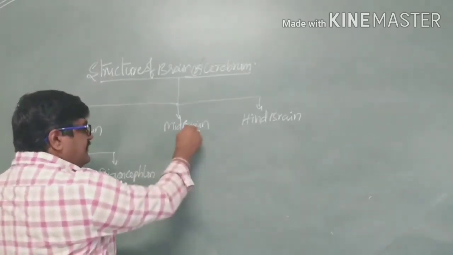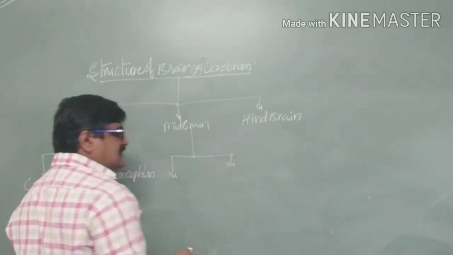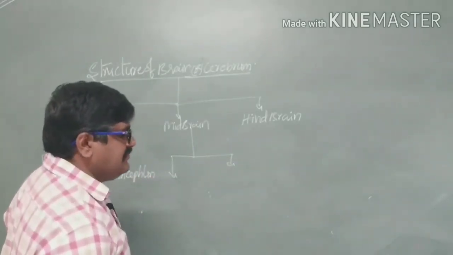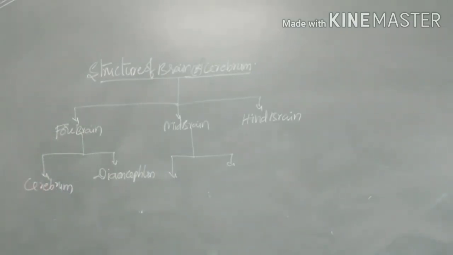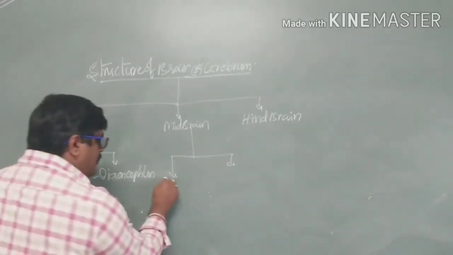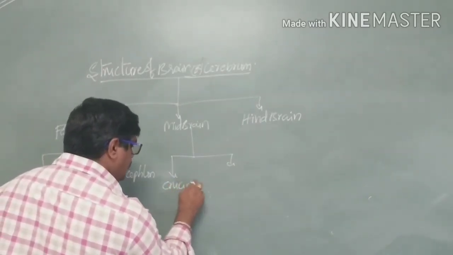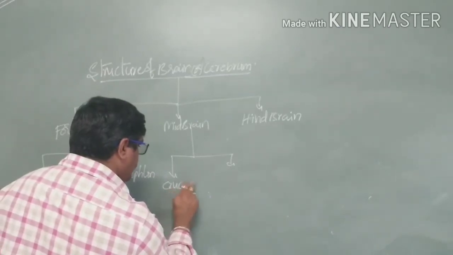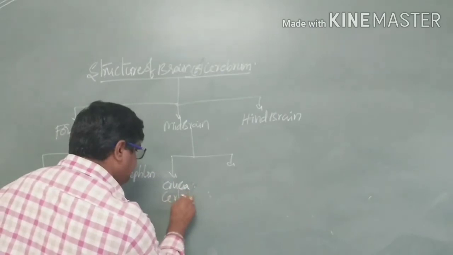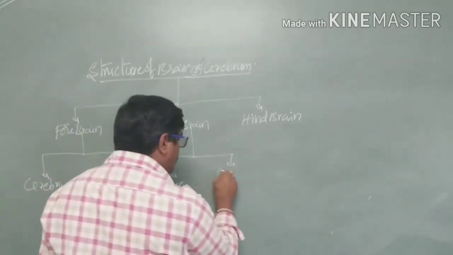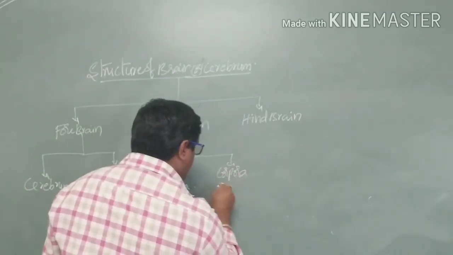And again the midbrain is differentiated into two regions. The first one is called the crura cerebri, and the corpora quadrigemina.